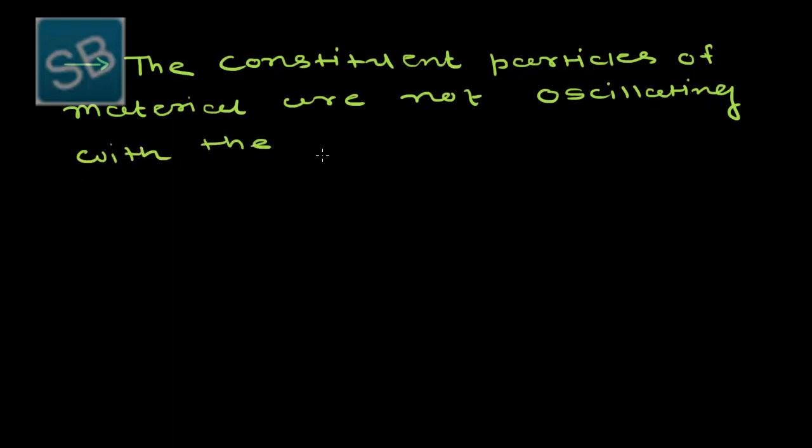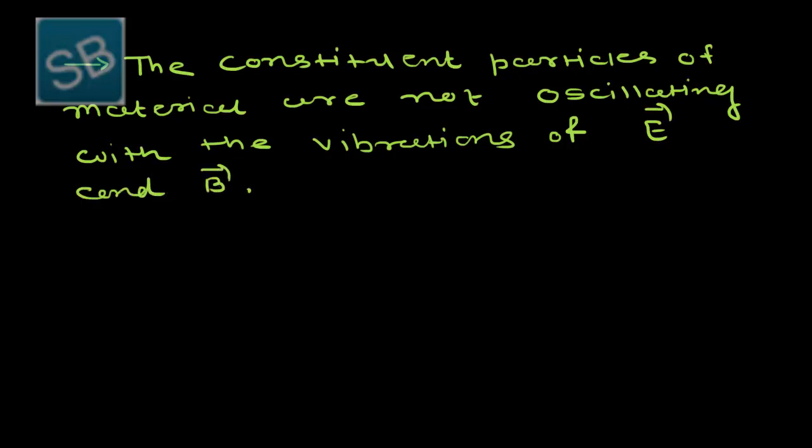So there is no effect of electric field and magnetic field vibration on the constituent particles of material. And now we can draw one important meaning from this: electromagnetic waves are non-mechanical waves.